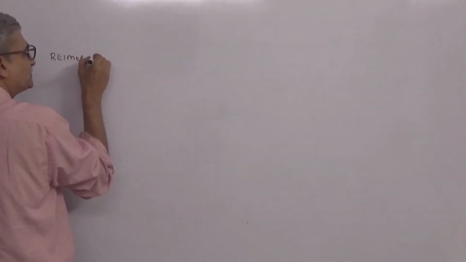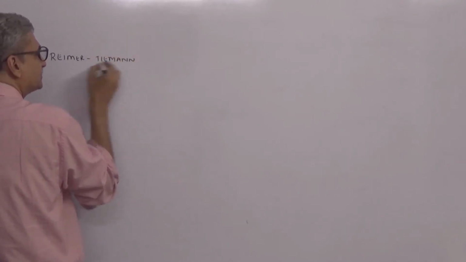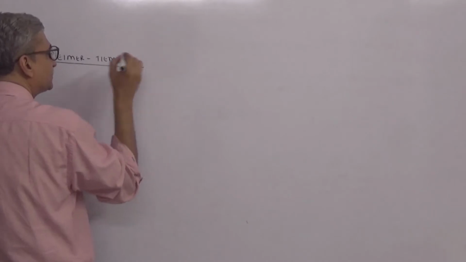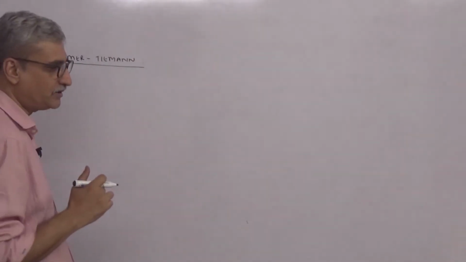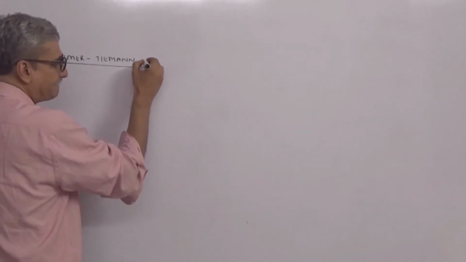These are 3-4 words which I have always made a mistake in. Use double N. So, Reimer-Tiemann reaction.